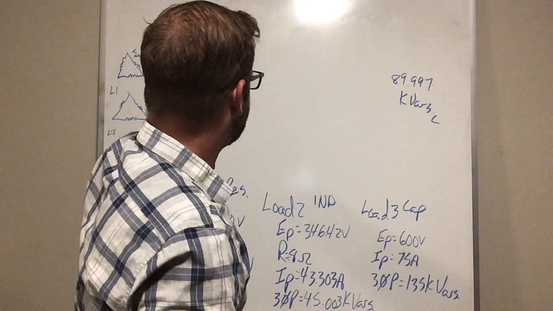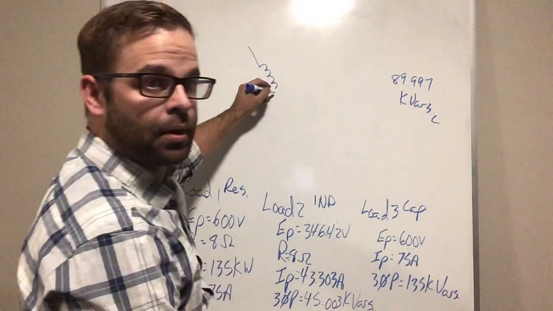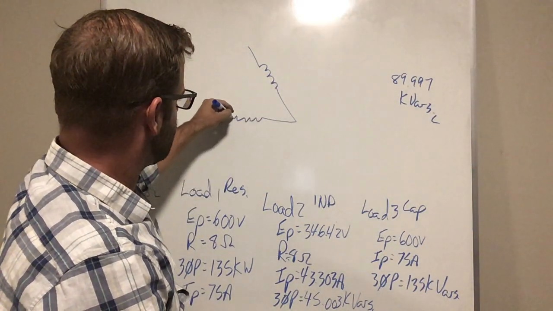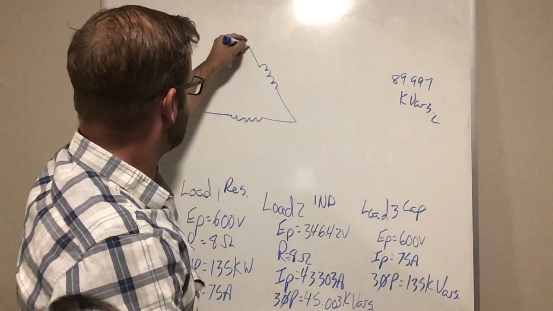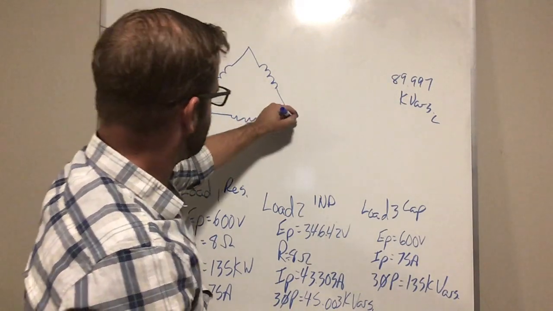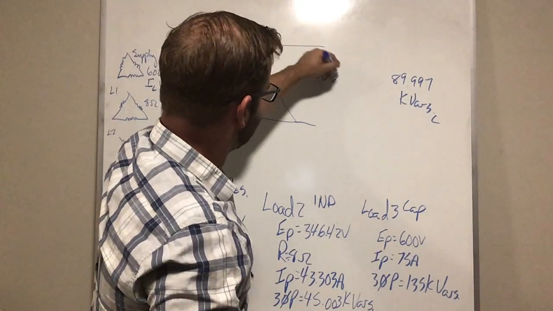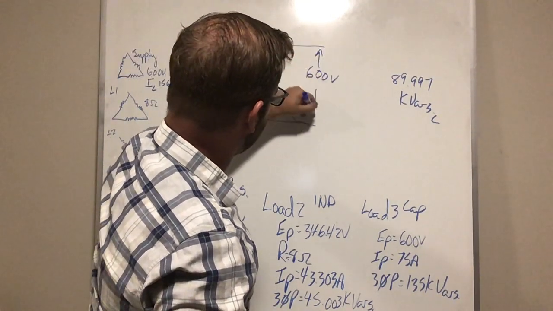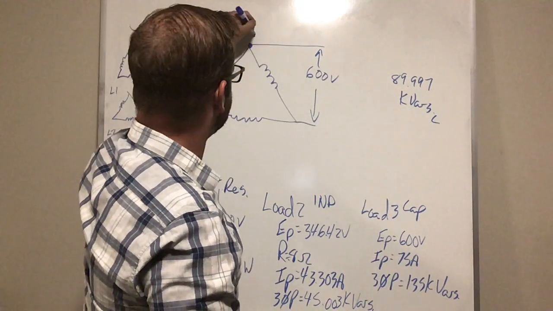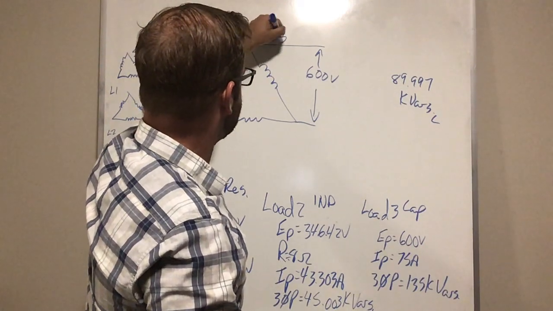Go back to our main power supply. You can see that I'll move back a little. So we knew that we had 600 volts per line, and our line or terminal current is going to be 156.13.